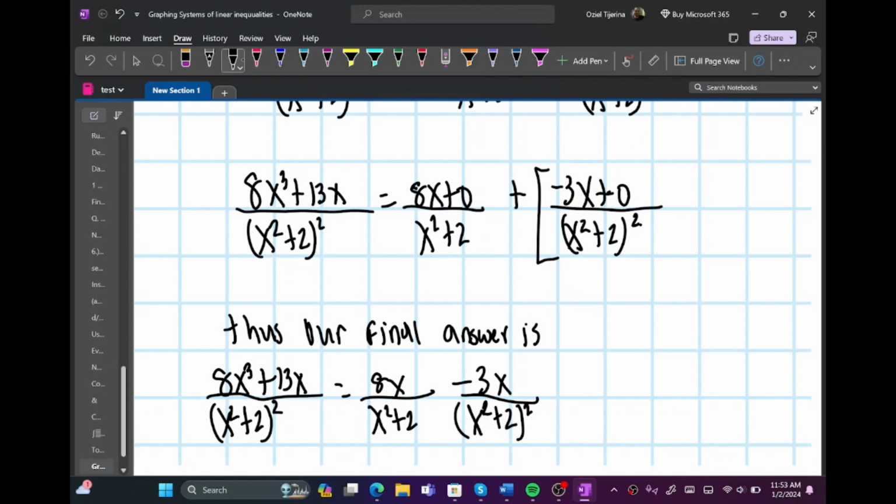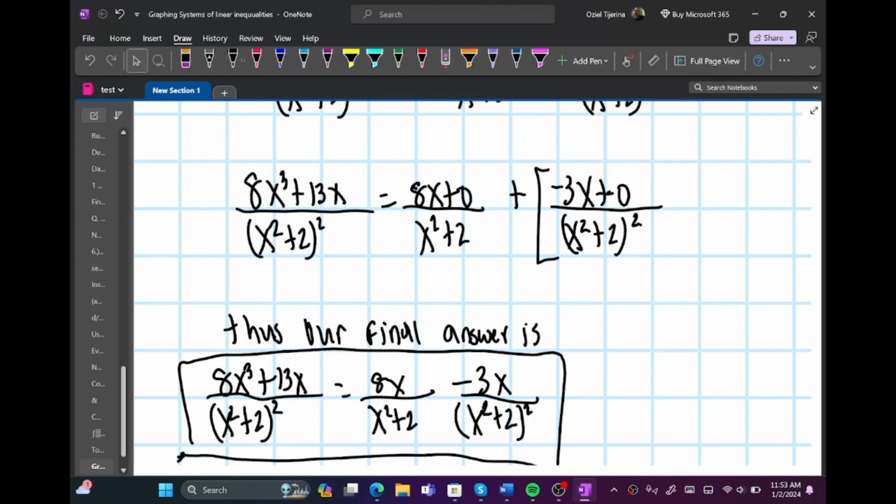And so this is our final answer for the partial fraction decomposition portion.